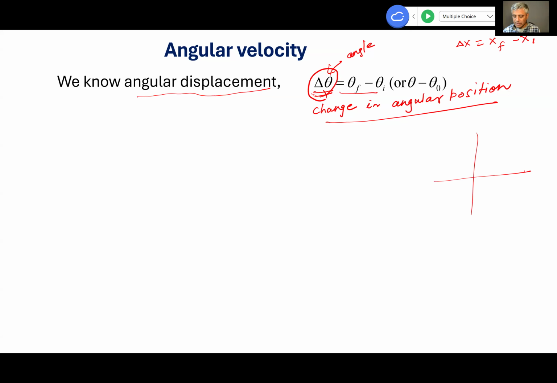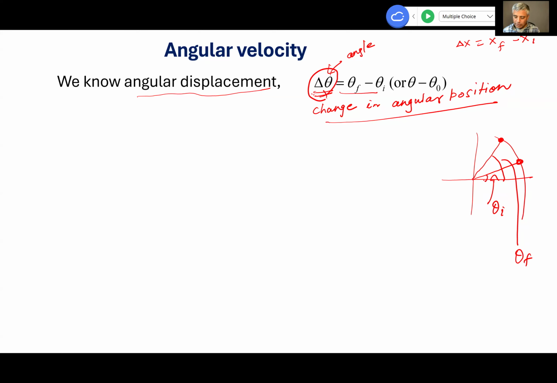So how do we look at it? For example, let's say something is moving in part of a circle like this. So let's say this is your initial position. Usually we say that is 0. So let's say it's going something like that. Initially you started here, so this is going to be your initial angular position. And then when it arrives here, the angle changed. So this whole thing is going to be the final angular position.